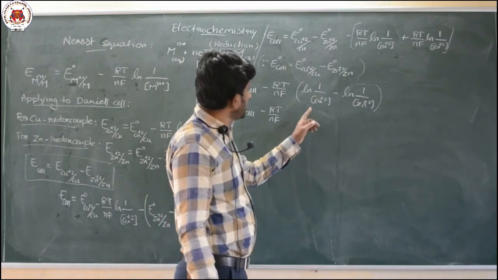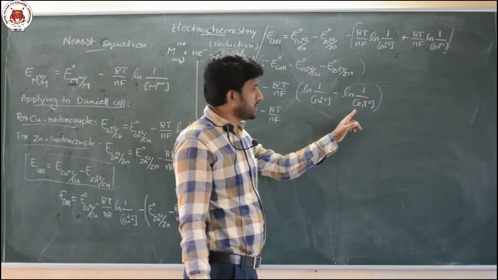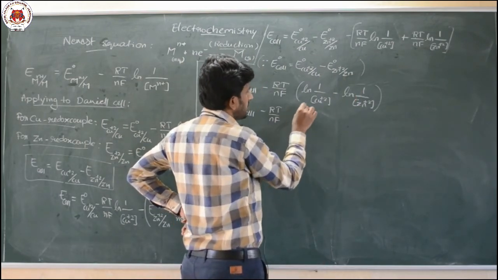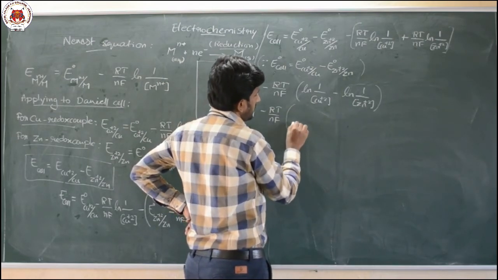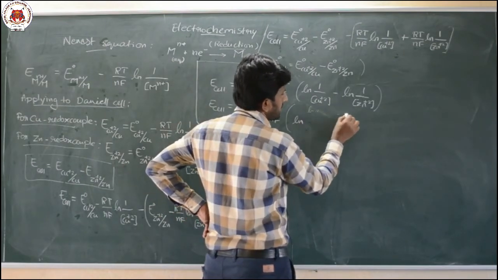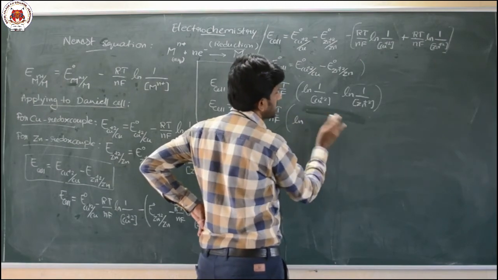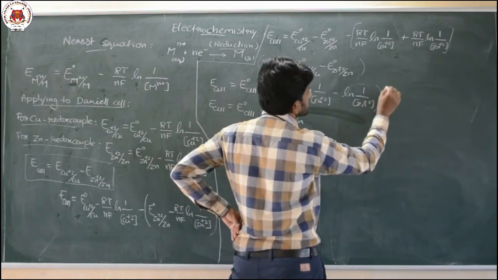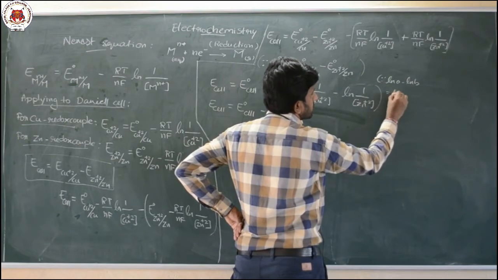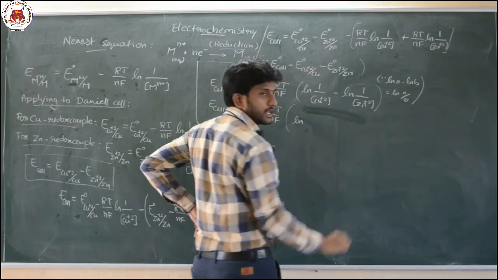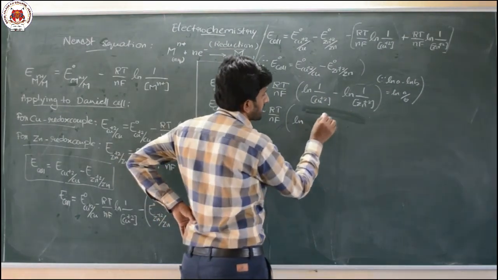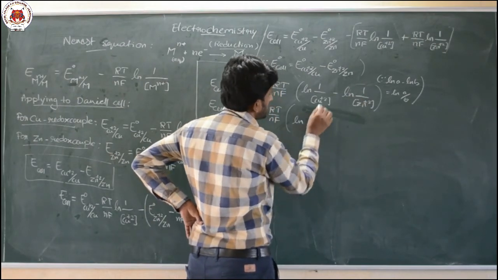Now, you know that ln A minus ln B is equal to what? ln A by B, similar to log A minus log B equals log A by B. So what is A?